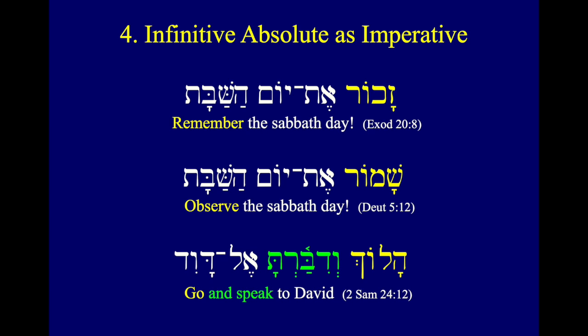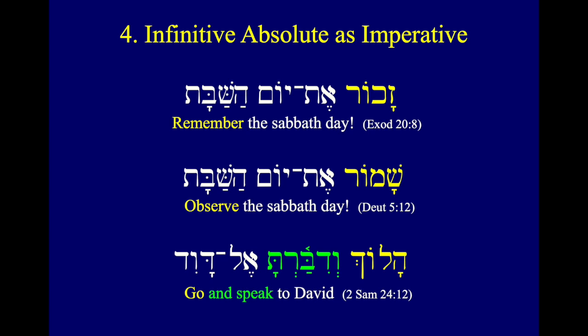So going and you will say to David, really, and you did say to David. Don't worry about the chain of verbs here. I'll teach more about the chain of verbs later. But just know that haloch looks like a Qal infinitive absolute. It is, in fact, but it's functioning here like an imperative. Go and speak to David is really what this means.